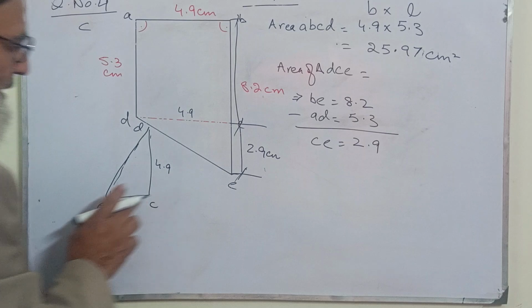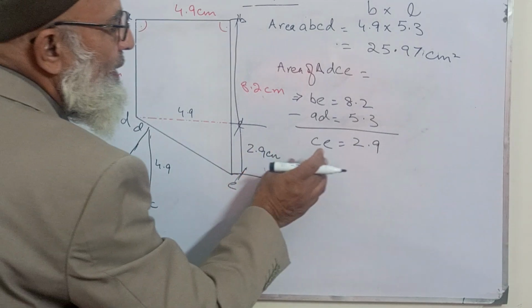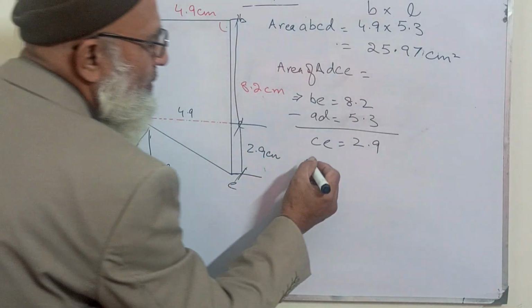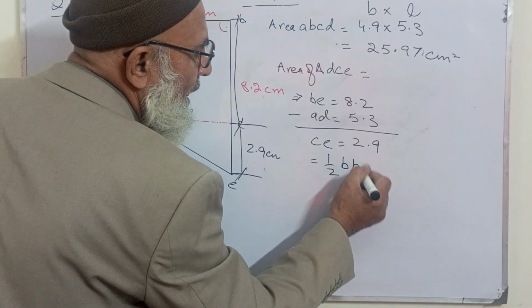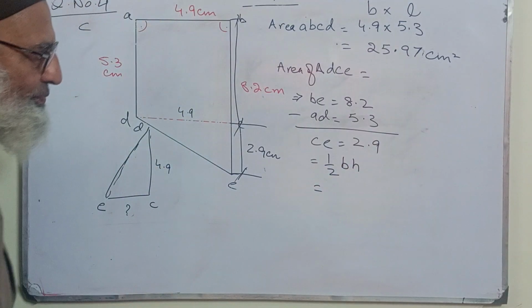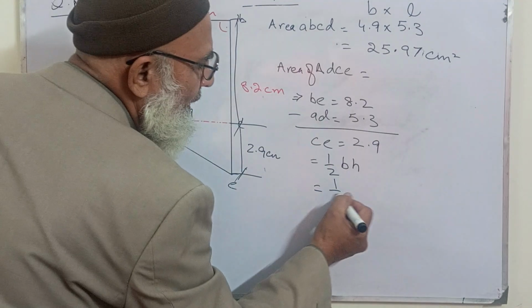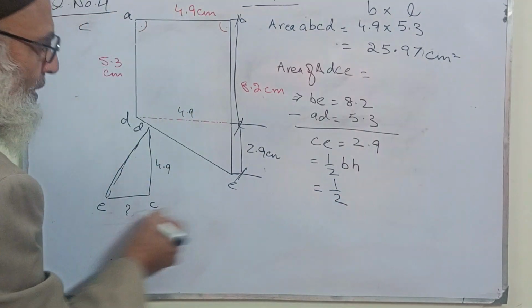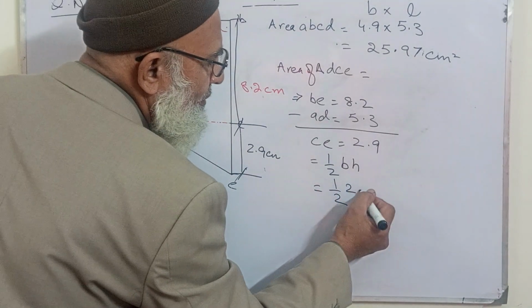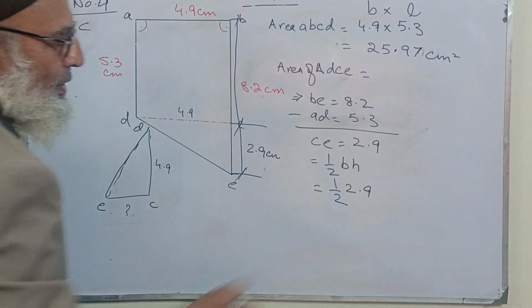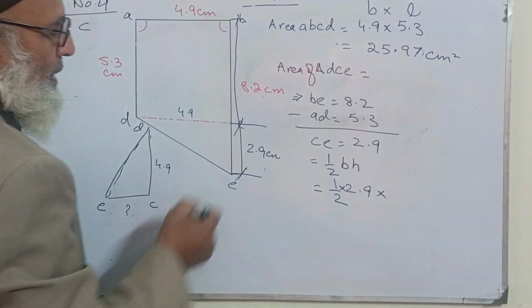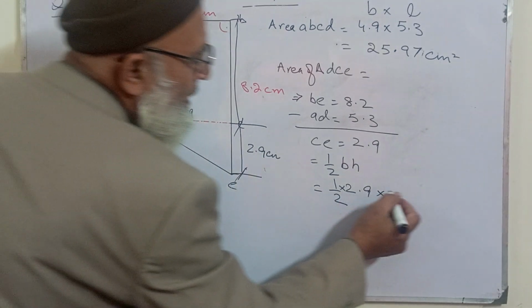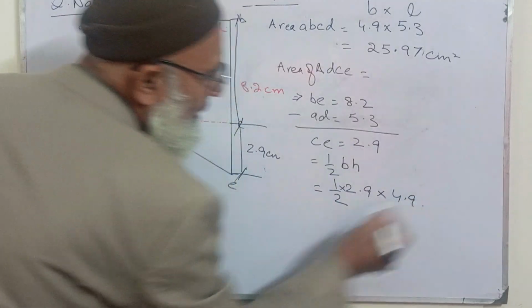Now it is very easy, my dear students, we'll just use the formula for the triangle, half into base into height. Half will remain as it is, base is 2.9, which we have already found, multiplied by 4.9.